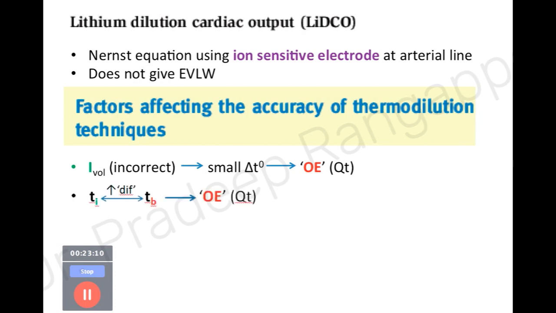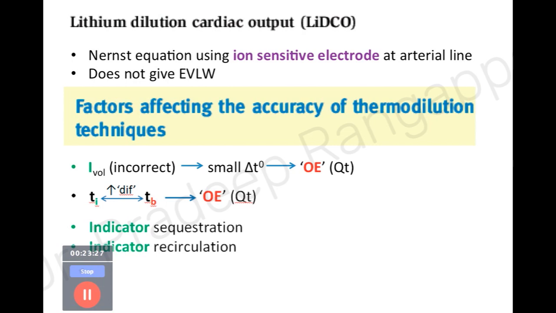And if there is a huge difference between the injected temperature and the blood temperature, for example if someone has a high fever, the temperature change becomes more evident, and that also can overestimate cardiac output.